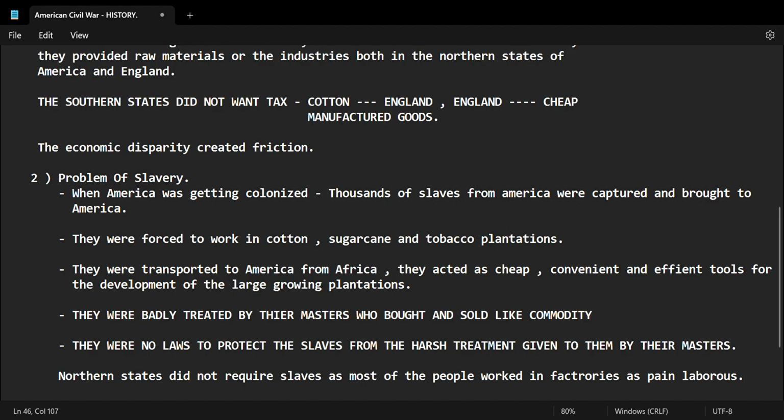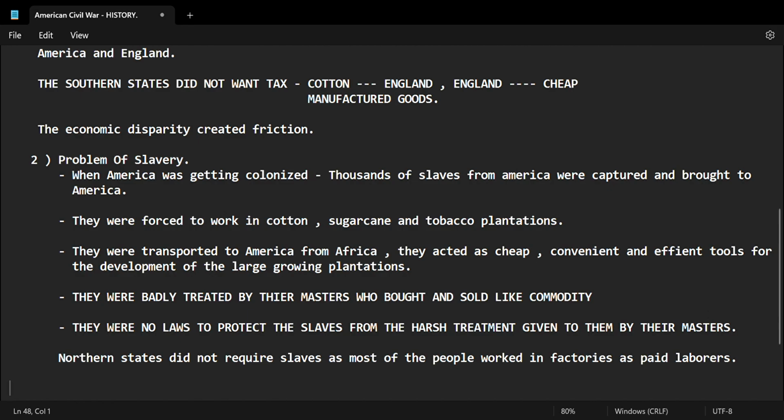Okay, so northern states do not require slaves as most of the people worked in factories as paid laborers, like they are now. But in the southern states, they needed them. In the southern states, these paid laborers were not there. That's the problem. That's why they required slaves.